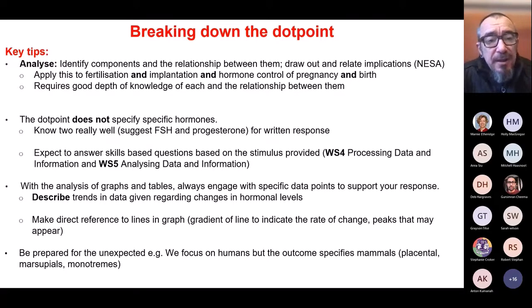And again, just highlighting the two hormones I would best suggest that you focus on, and it will become apparent why on the next slide, is FSH and progesterone. For mine, they're just the easier of the four to look at and understand the role that they're playing in pregnancy in particular, and we'll look at birth after that.